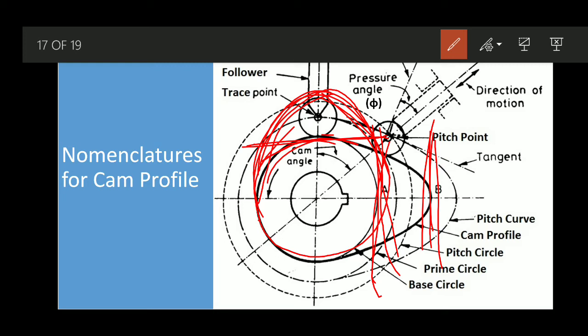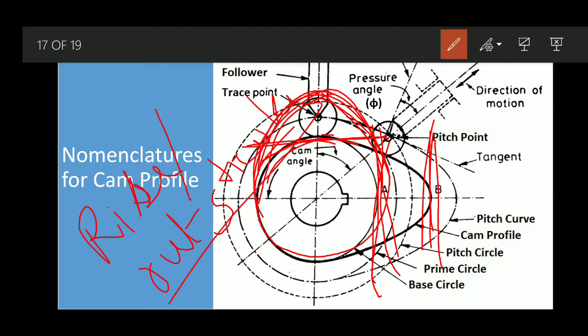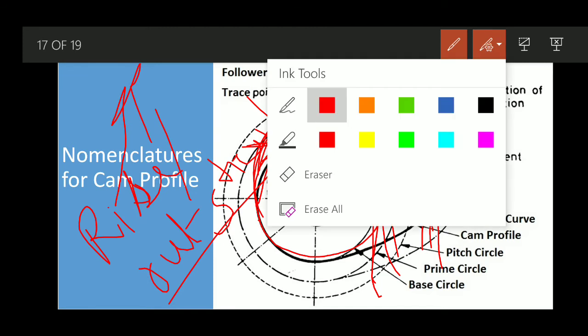Now there is another stroke, as you know, that means there is a rise stroke, or out stroke, also known as the rise stroke or up stroke. In that particular case, the follower moves up from the lowermost position, so it rises, that's why the name is rise stroke.